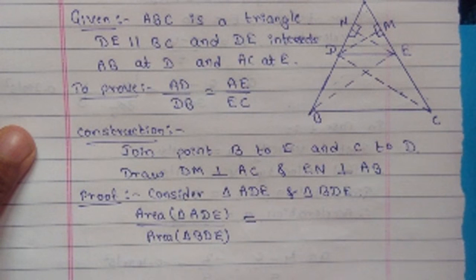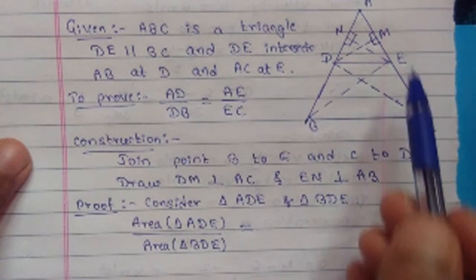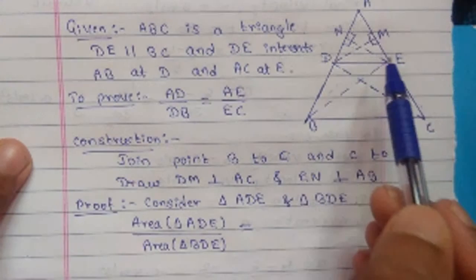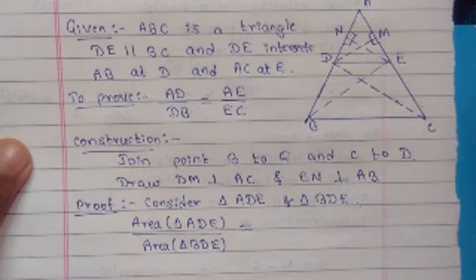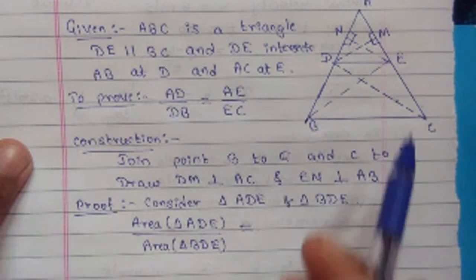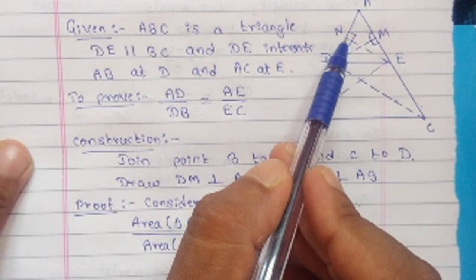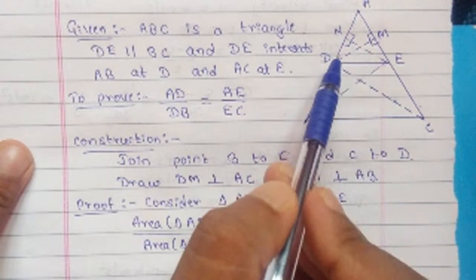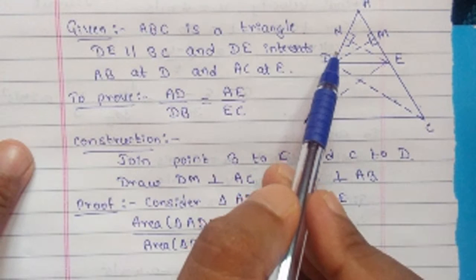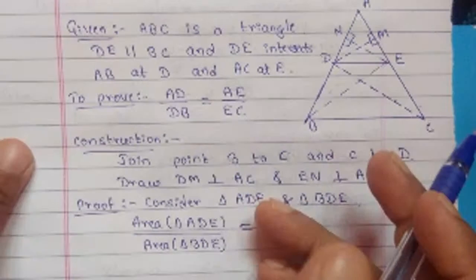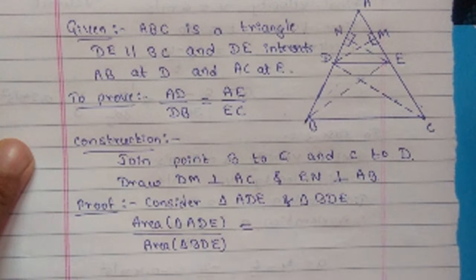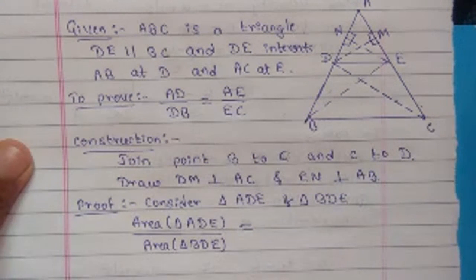Now area of triangle ADE. So this is one triangle. Now in this, the perpendicular height is EN, that means EN is perpendicular to AD. So by considering the formula, half into base into height.